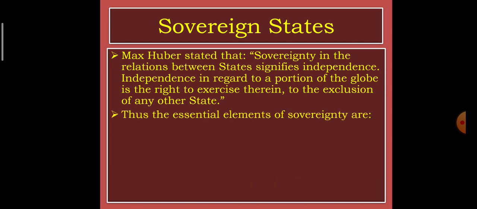Max Huber stated that sovereignty in the relations between states signifies independence. That is what sovereignty means. Another sense of sovereignty is independence. Independence in regard to a portion of the globe is a right to exercise therein, to the exclusion of any other state.